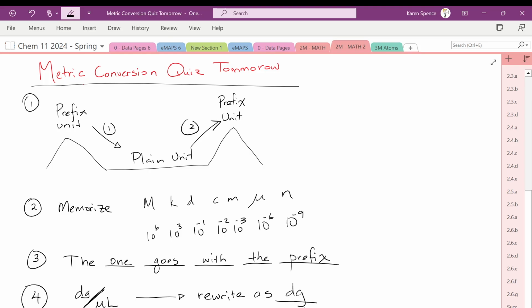So those 4 things should probably get you through. If you're doing a rate conversion where you have one number over top of another number, feel free to do it all in one line or convert the top, convert the bottom, and then divide, okay?